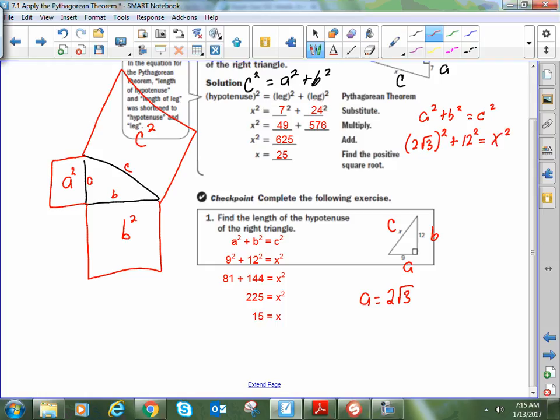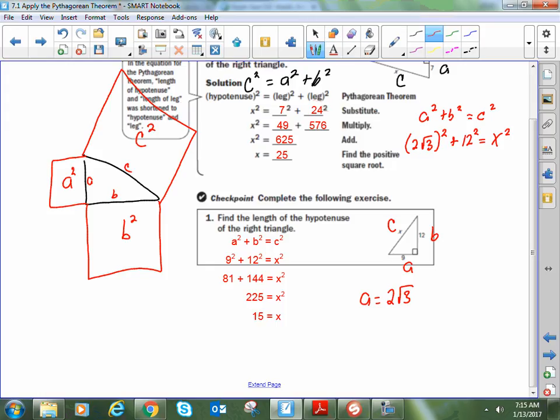Now, what's happening here is essentially what in algebra they teach you as properties of exponents. 2 would be considered a base, and radical 3 would be considered a base. Those bases each have an exponent of 1, and each base is being raised to the second power.